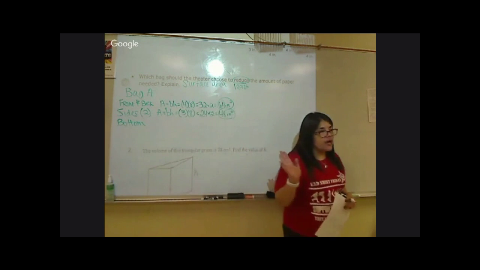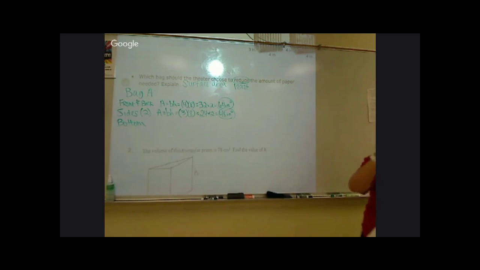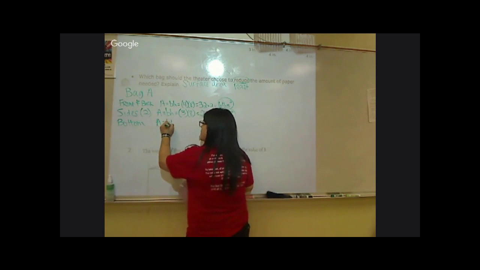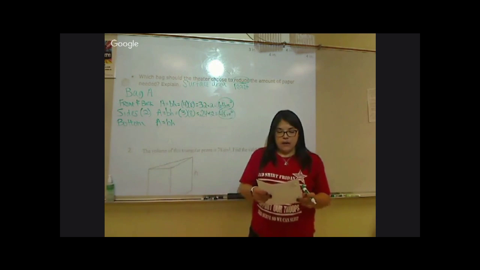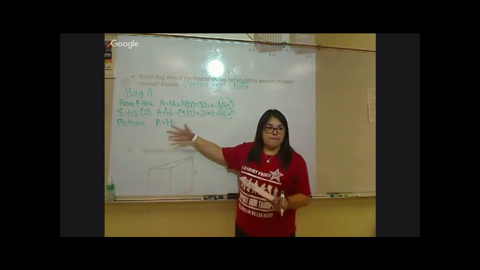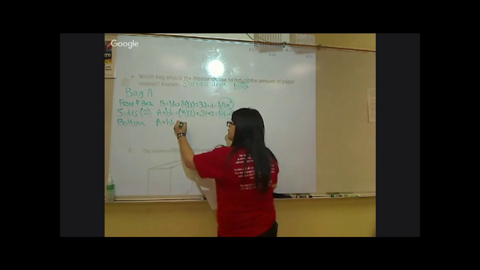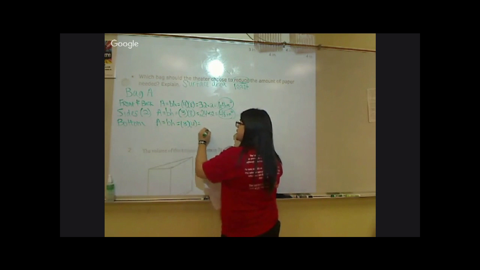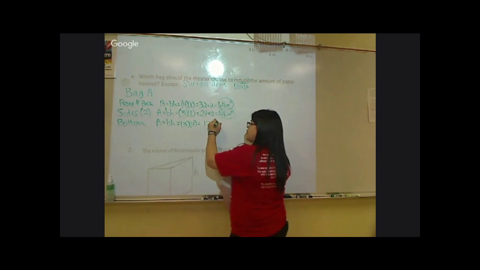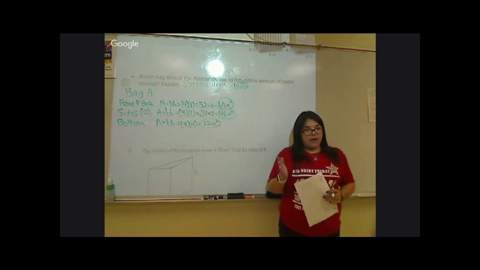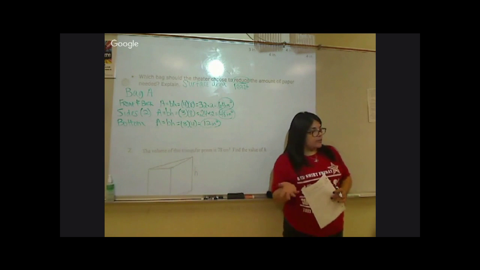So whatever we figure out for the bottom area, we're only going to use that once because there's no lid on it. Now the bottom is also a rectangle. And we talked about the bottom, our base of the prism up there. We had done the 3 times the 4. And what do we get for that area then? 12 inches squared. So now that I know the front and my back, I know the sides, I know the bottom.